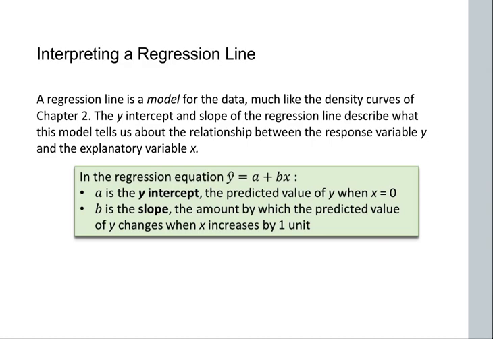Let's talk about interpreting a regression line. Because you know that slope and that y-intercept, you know it means something, right? It does. That green box is what's important. A is the y-intercept. This is the predicted value of y when x is equal to 0. Here's my line, and here's the y-intercept. This is always when x is equal to 0.